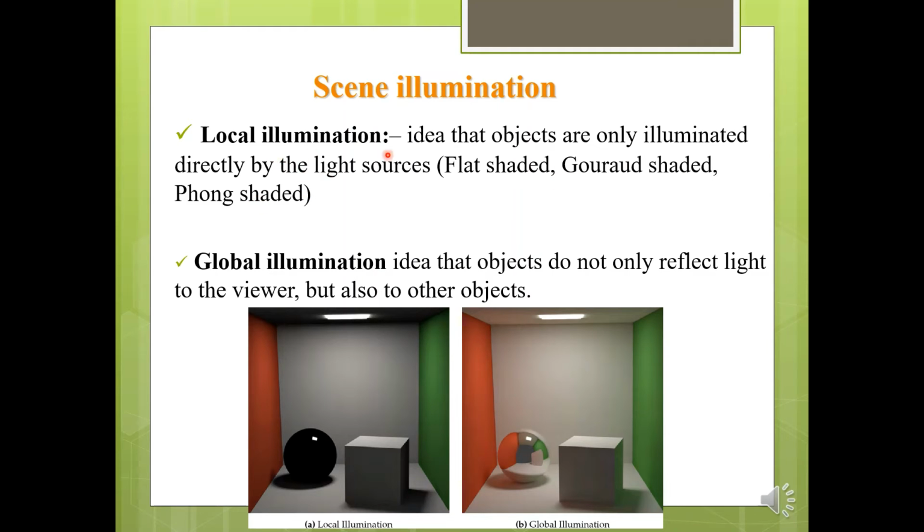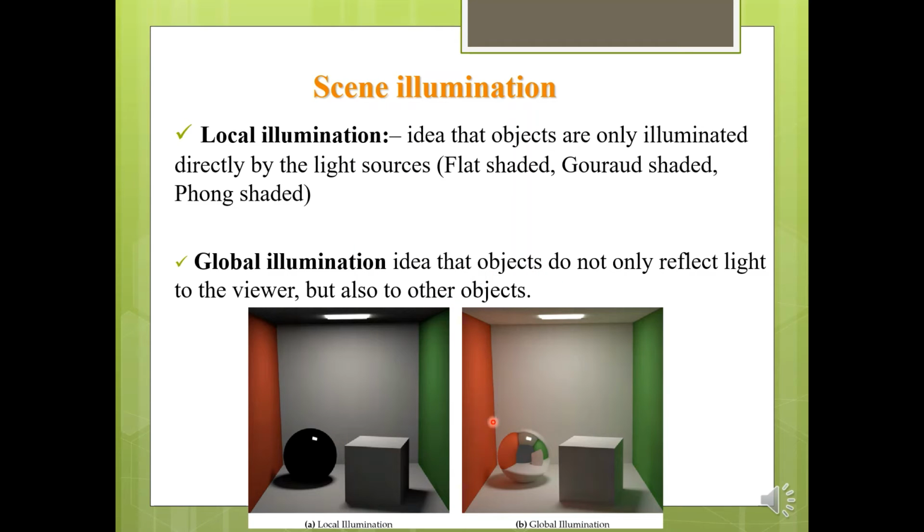So local is just the object being illuminated directly by the light source. While in global illumination, the idea is that the object does not only reflect light to the viewer, but also to other objects as well.